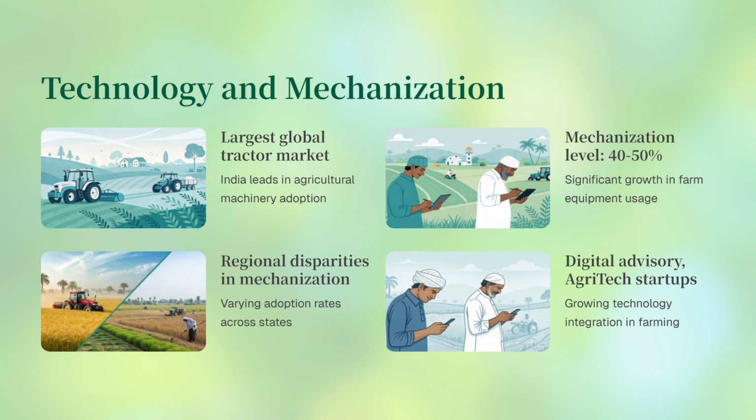Emerging technologies using GPS-enabled equipment, drone-based crop surveillance, satellite imaging for crop monitoring, and precision farming represent cutting-edge advancement. These innovative technologies facilitate real-time decision making, pest and disease management, and resource efficiency.